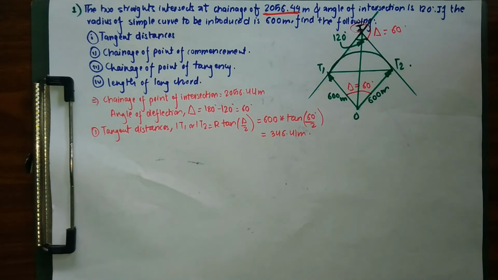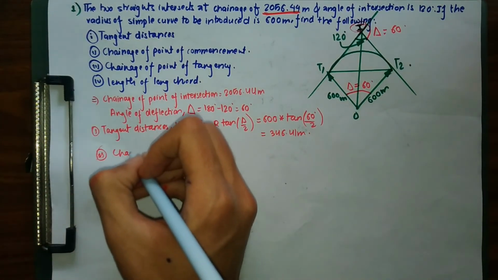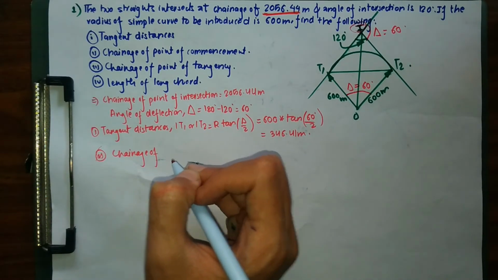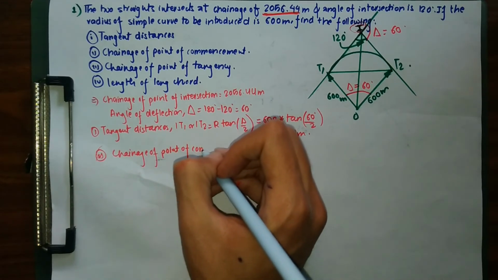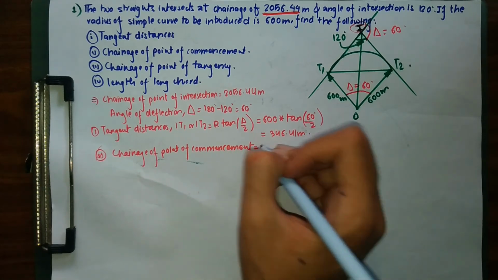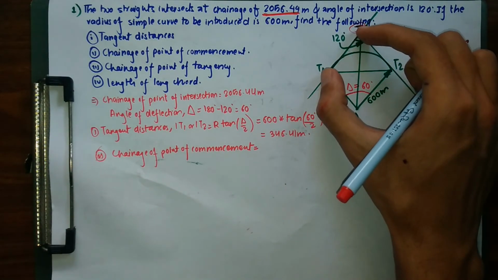Next I need to find my chainage of the point of commencement and the chainage of the point of tangency. I can find the chainage of the point of commencement easily. As I already talked about before, the chainage of the point of commencement is equal to the chainage of the point of intersection minus the backward tangent.